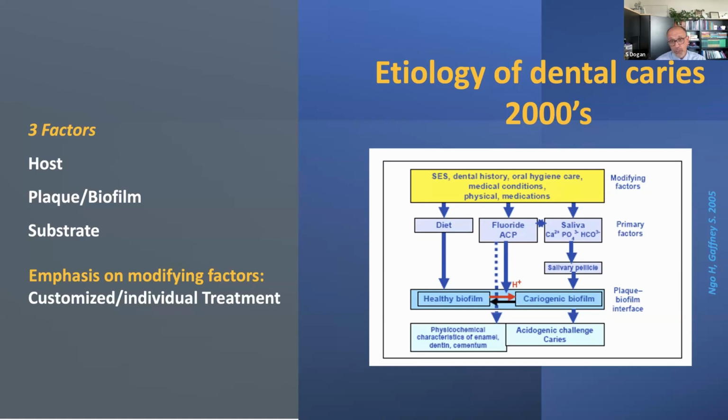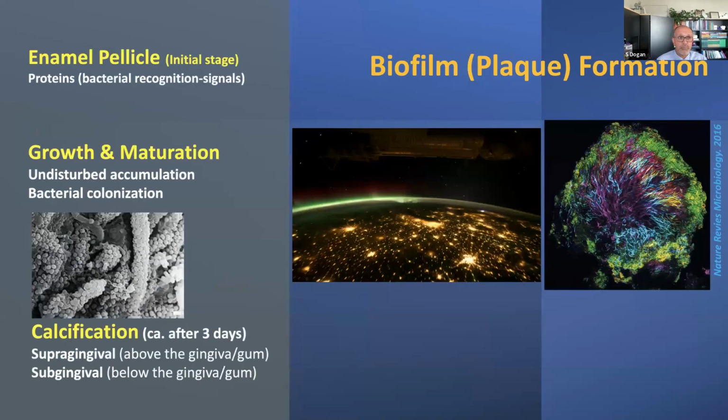We look at the socioeconomic status of the patients, their previous dental history, oral hygiene care, how they do oral hygiene at home, medical conditions, their physical conditions, and the medications they take, which can cause dry mouth and so on. Most importantly, we look at their diet, and so we started to customize or individualize the treatment, especially the preventive treatment for our patients.